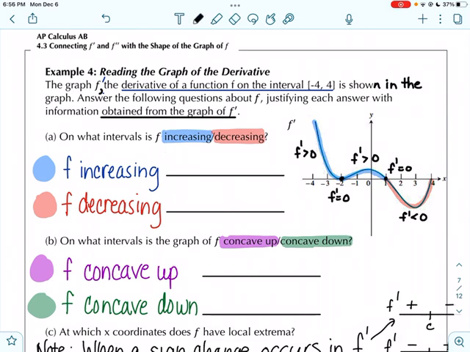f is increasing when f prime is greater than 0. That occurs on the interval from -4, we're going to start at -4, put a comma, and it's going to go to -2. Then I'm going to make it just brackets there.